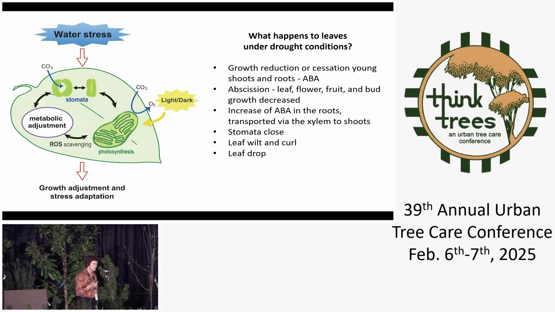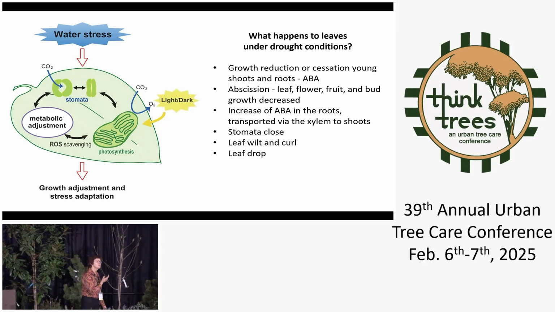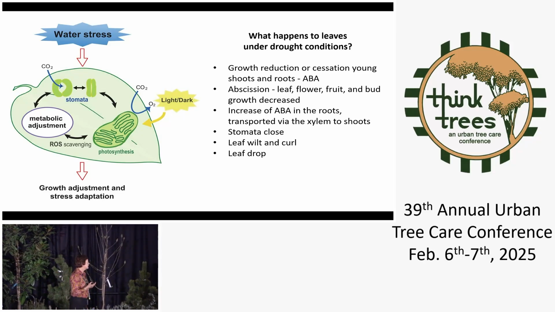There is also less water moving through the plant, and so it cannot cool the plant leaves as much, because when the plants are losing water through the stomata, there's a drop in temperature, and that's what keeps the leaves cool. But if there's only partial opening or no opening at all, the leaves will also heat up.